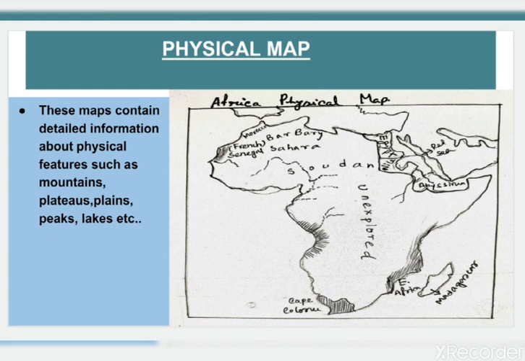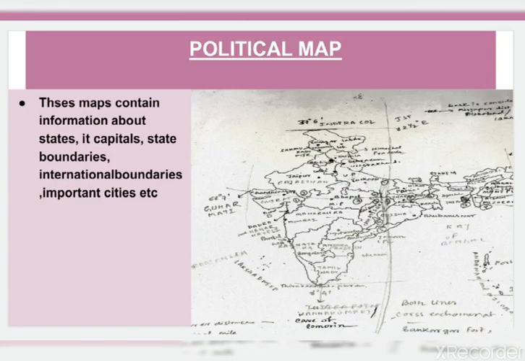First is physical map. So these maps contain detailed information about physical features such as mountains, plateaus, plains, peaks, lakes, etc. In this diagram I have shown the African physical map. Okay, now next we will learn the political map.